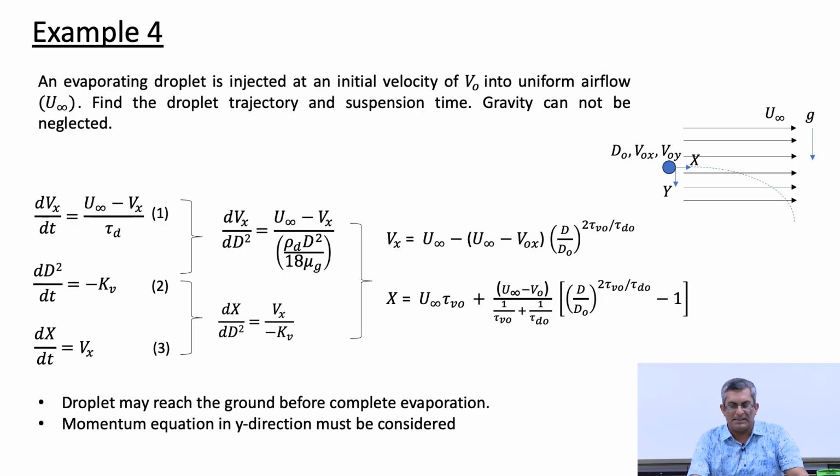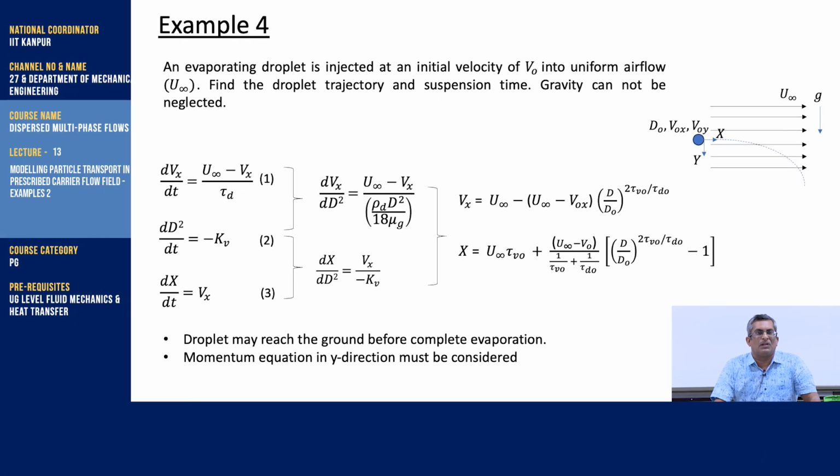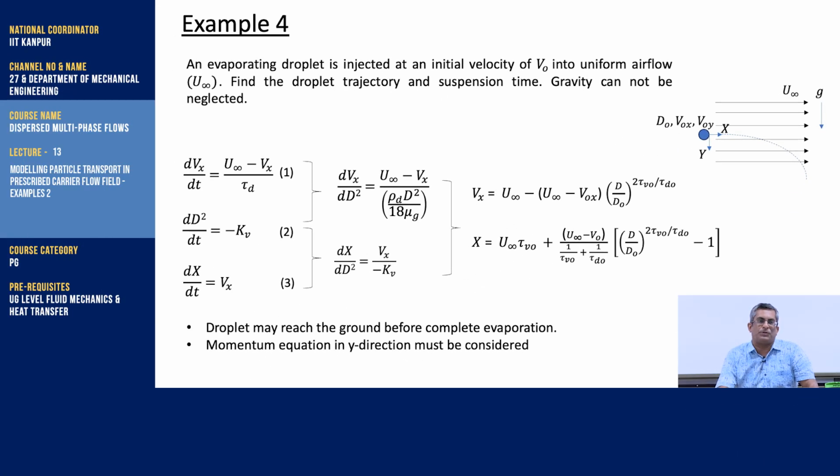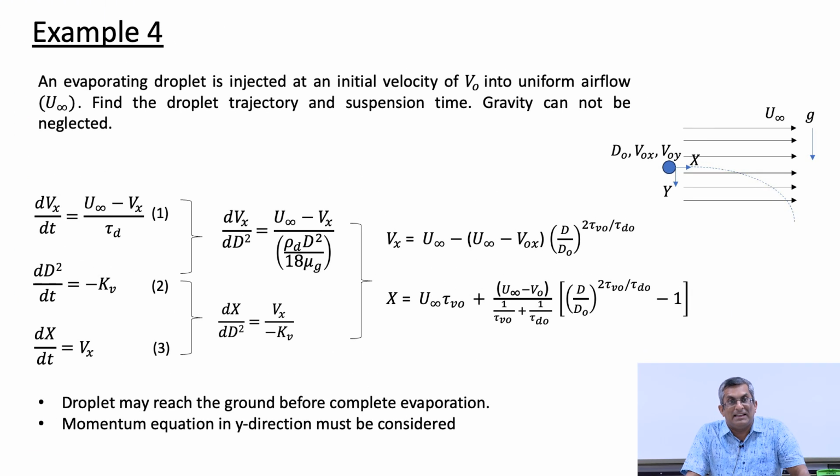What will be this velocity? Finally, we had discussed this in the previous class. This will be equal to the terminal velocity of the particle, right? Now, do you get that expression?